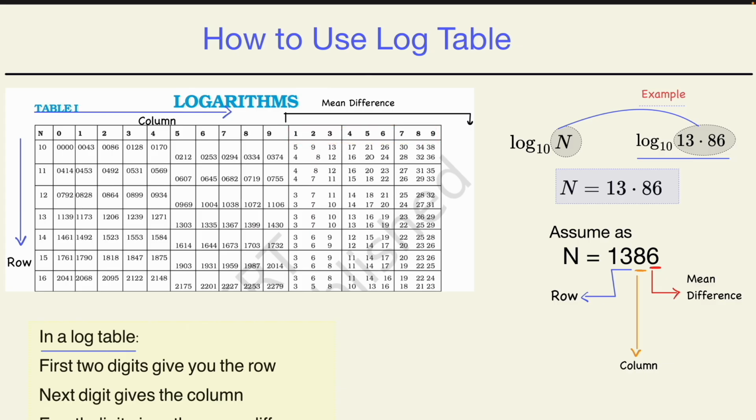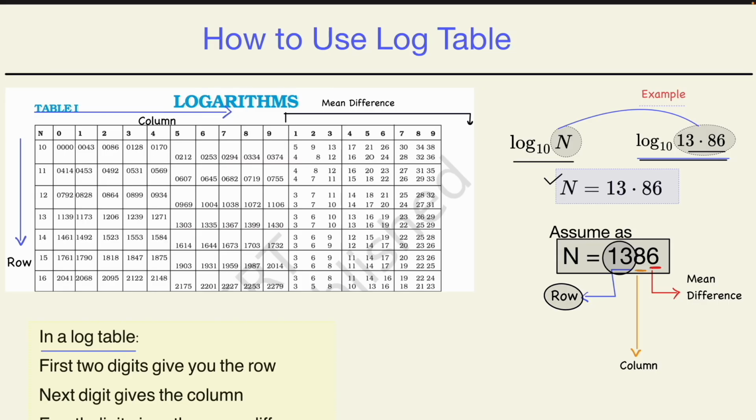Now, if we have to find the log value with the help of the log table, how will we do that? Let's look into that. As you see, we took an example. Here this is log 10 to the power n, and here is the example of log 10 to the power 13.86. So 13.86 is our n value. As we discussed in the previous Mantissa method, we remove the decimals from the n value. So we assume that n is equal to 1386. The first two numbers, the initial two numbers, here 13, give information about the row.